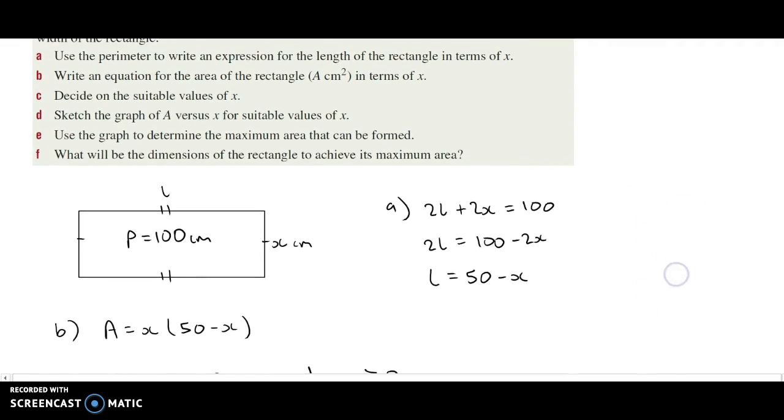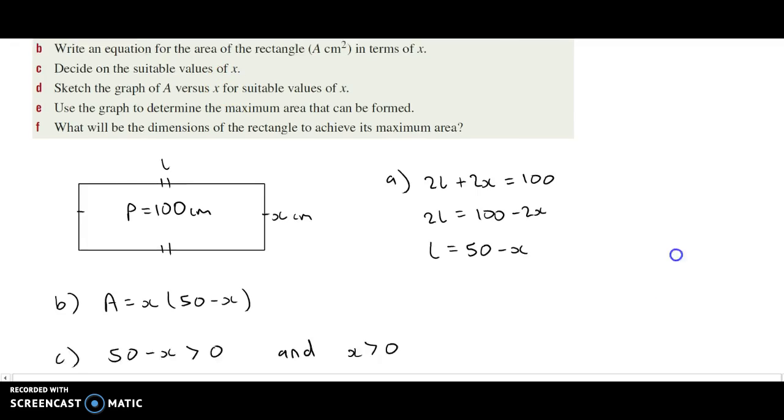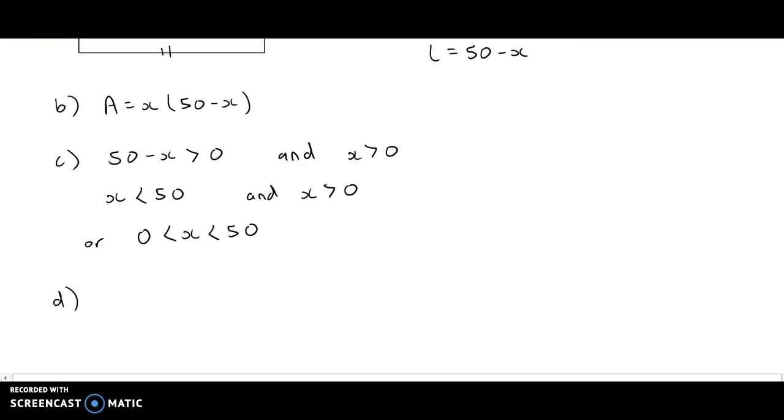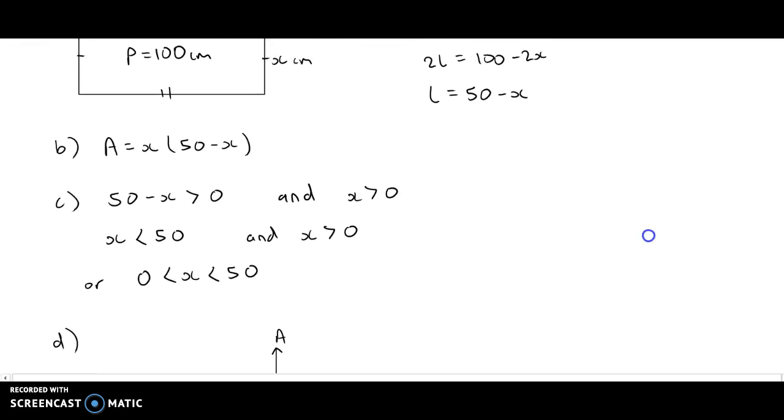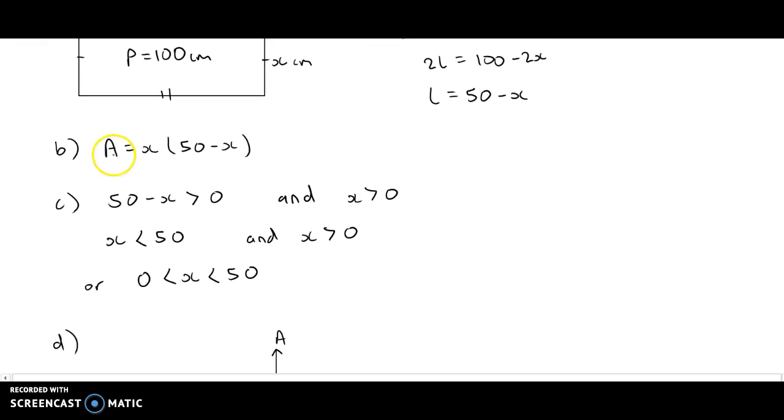Part D says sketch the graph of A versus x for suitable values of x. So I've got my Cartesian plane here. Now, keep in mind that our parabola has a subject of A. In the past, most of the parabolas we've dealt with have had a subject of y equals x outside of 50 minus x.